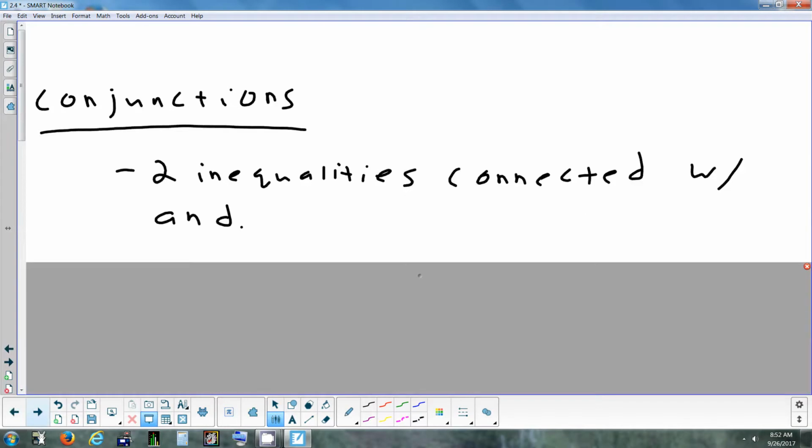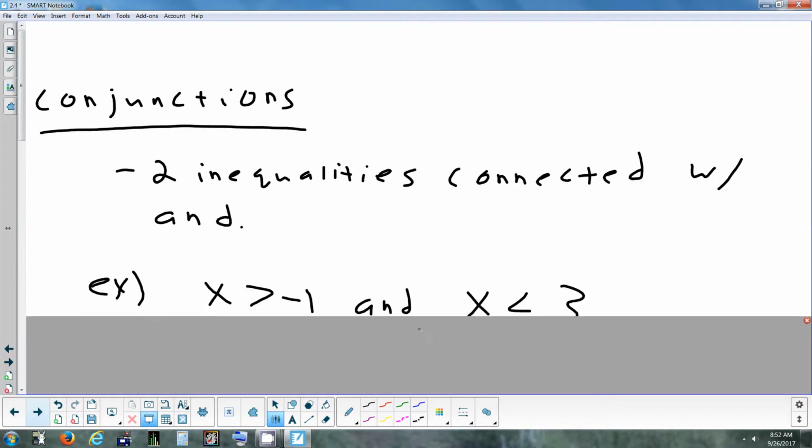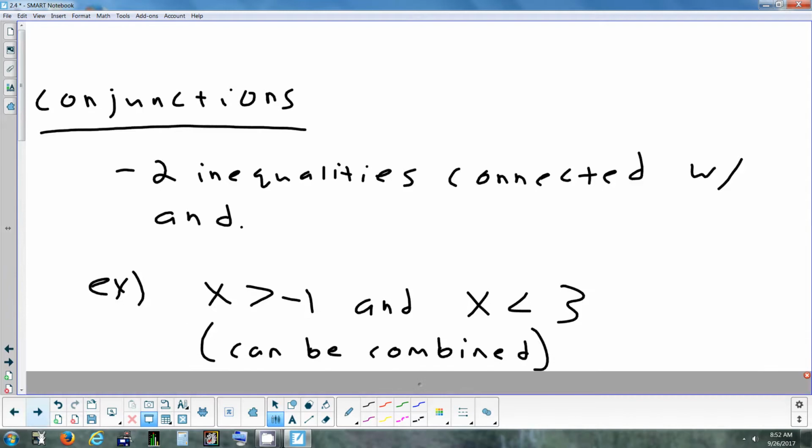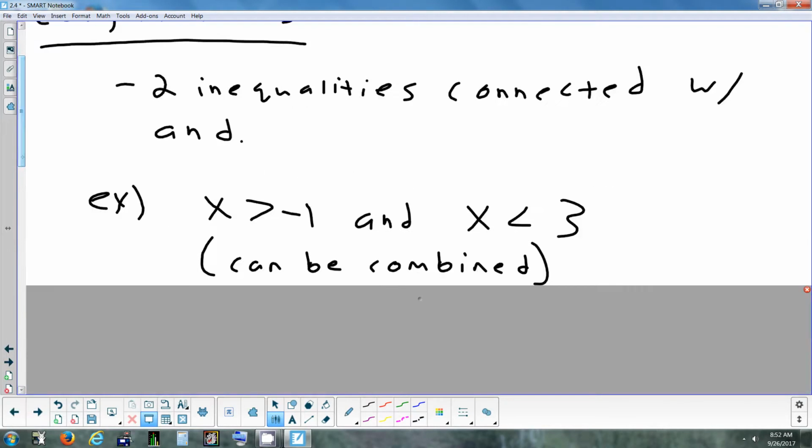So a conjunction is when you have two inequalities connected with the word and. Here's an example of a conjunction: x is greater than -1 and x is less than 3. What we can do with that is combine it all into one statement.